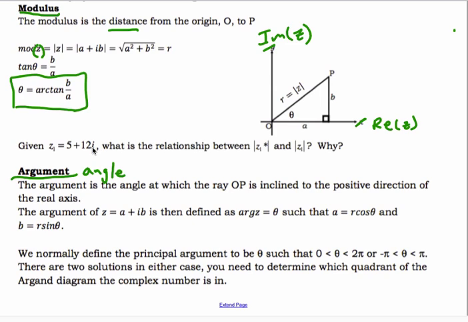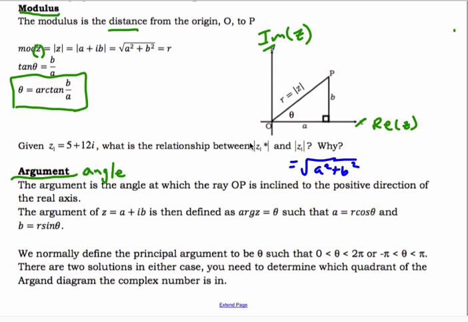So I'm going to look over here right now. Given this complex number, what is the relationship between the modulus of the conjugate and the modulus of the complex number? So now we know the modulus of the complex number is root a squared plus b squared.